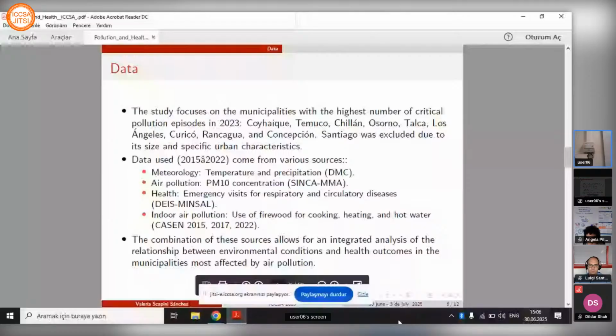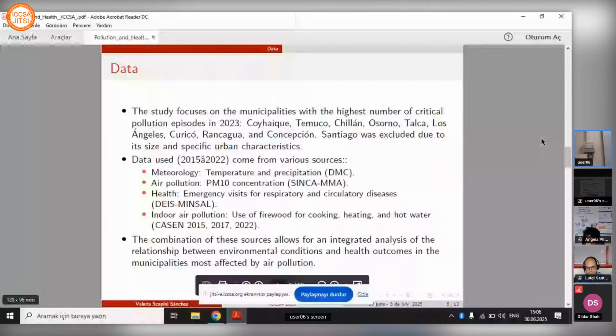The cities are Coyhaique, Temuco, Chillán, Osorno, Talca, Los Ángeles, Curicó, Rancagua, and Concepción. Santiago, number 10, was excluded because it's the biggest and it's very difficult to work with this data. But all of these were the most polluted cities last year. This is why I am working with them.